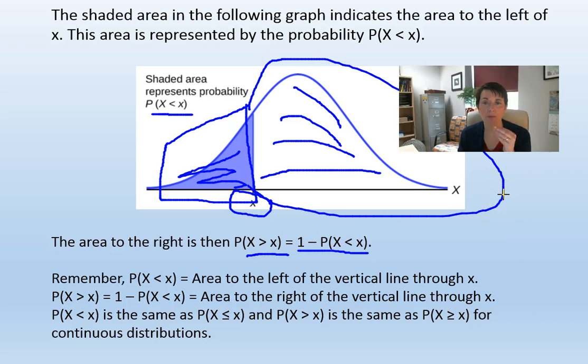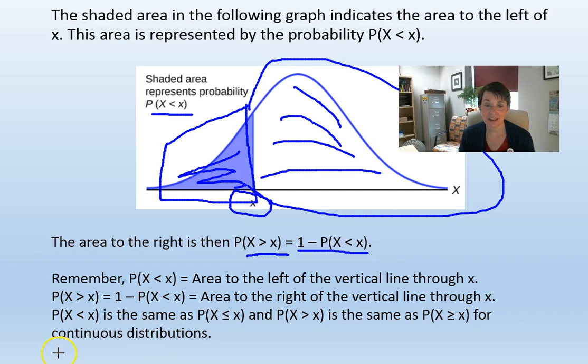So this idea of complement is still with us. If we find out one part, the shaded part, we know how much isn't shaded, and we can switch those inequality symbols and have those areas being the same. So left of the vertical line we're going to be less than, and greater than is going to be 1 minus that less than. We can also figure that out.